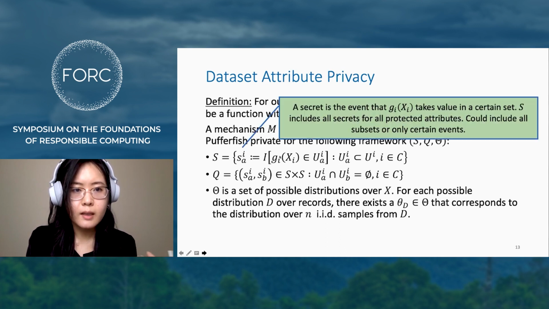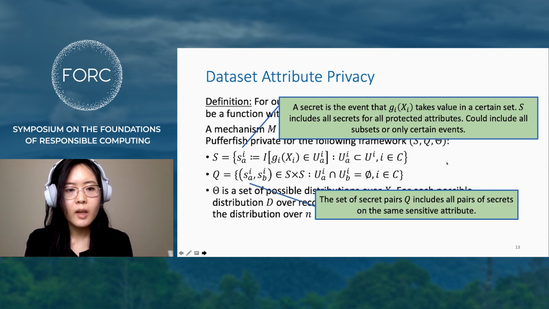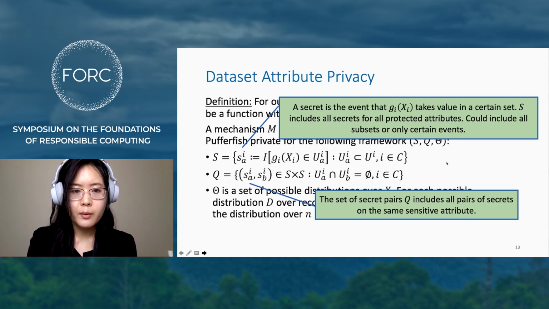S is a set of secrets, and a secret is the event that gi(xi) takes values in a certain set. And S includes all secrets for all protected attributes, and it could include all subsets or only certain events. And Q is a set of secret pairs, and it includes all pairs of secrets on the same sensitive attribute.